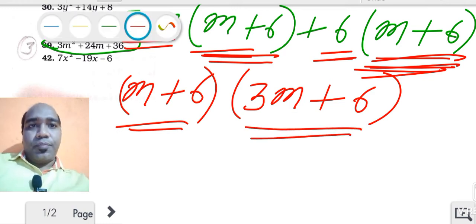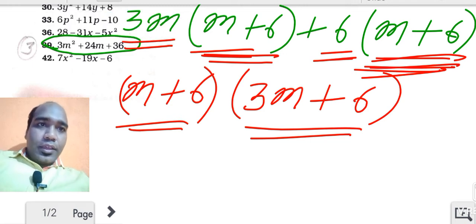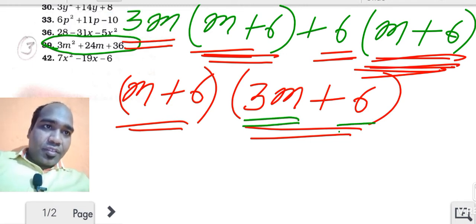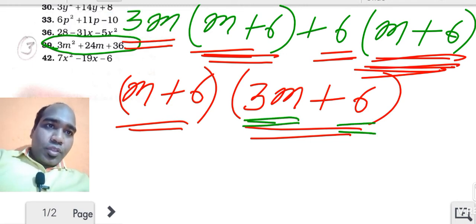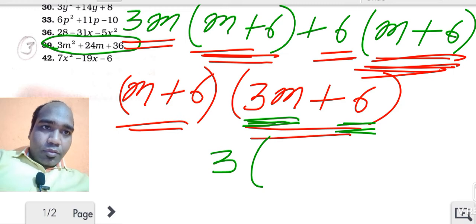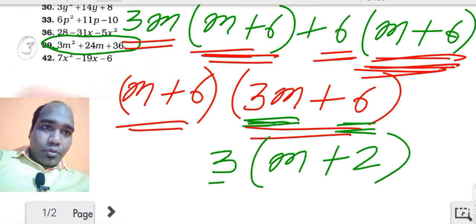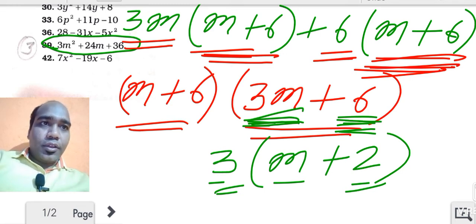One more thing, if you can see here 3m plus 6 we are getting, here also we can take common 3. Okay, so 3 we can take outside, so 3 into m, 3m, and 3 into 2 will get this 6. Got it?